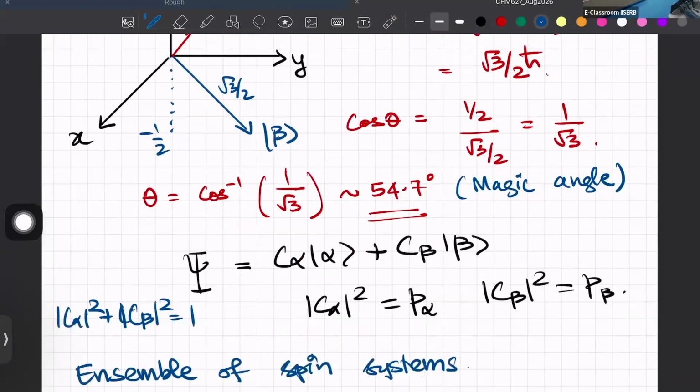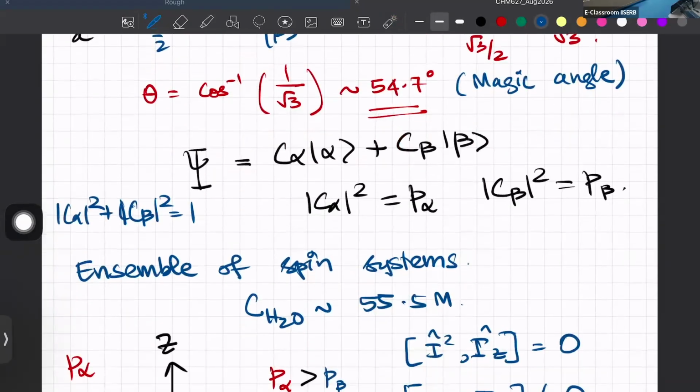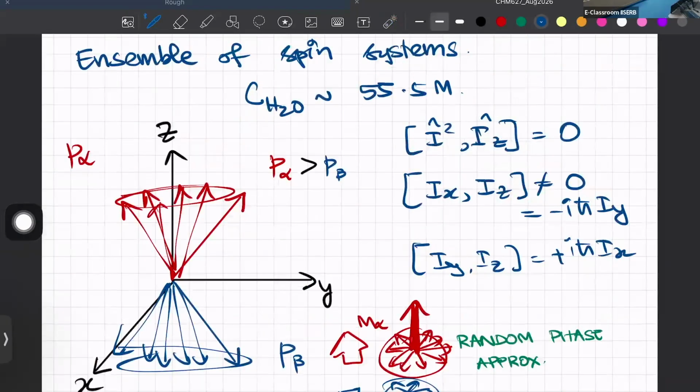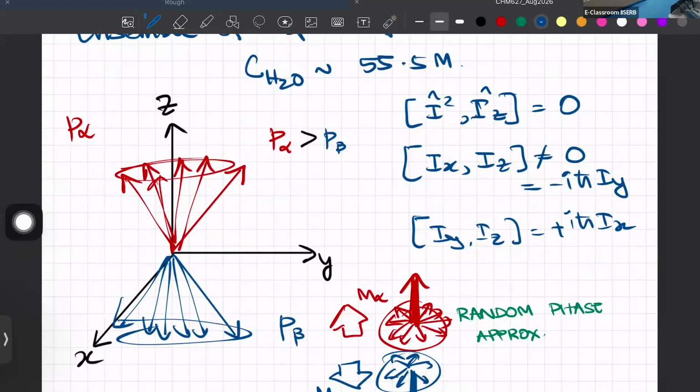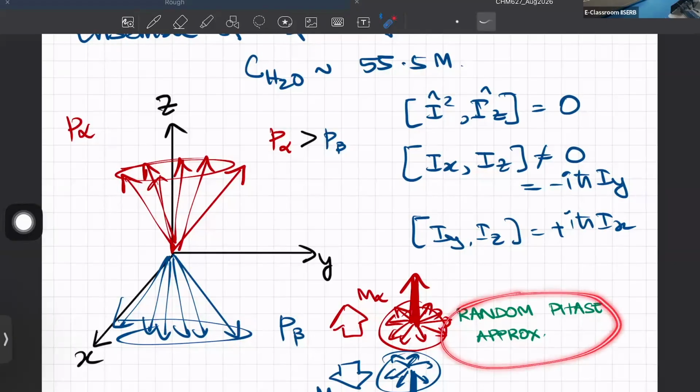Then we went to an example of what happens to an ensemble of spin states, where we were able to see, based on their population difference, the number of alpha and beta spins will be oriented at the magic angle, but their x and y projections, or rather the transverse plane projections, will mutually cancel out each other, which is what we call the random phase approximation.